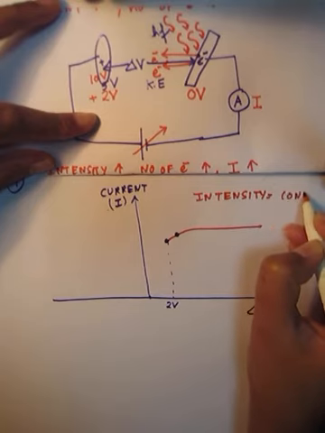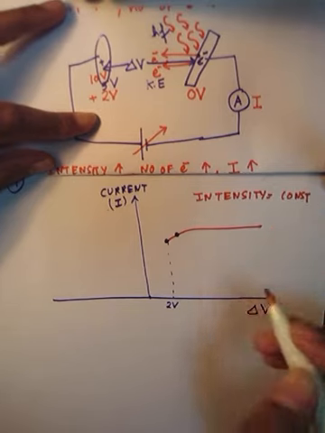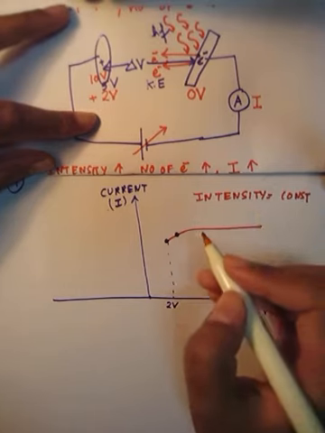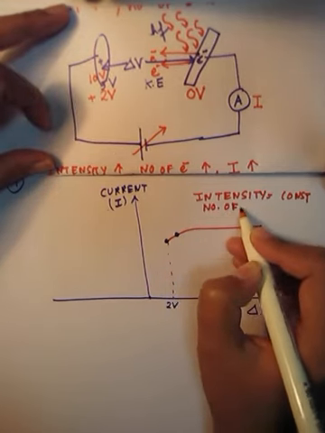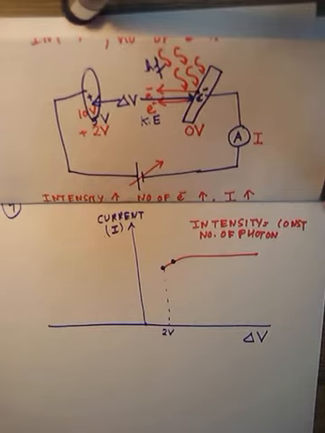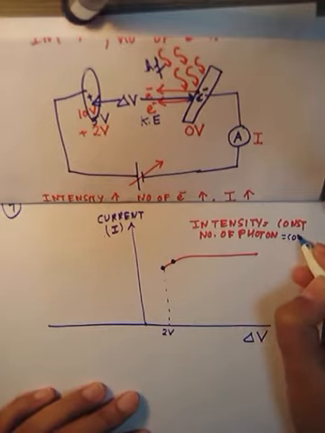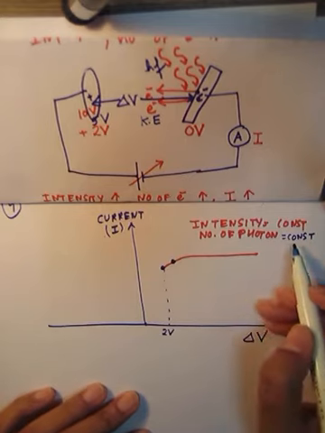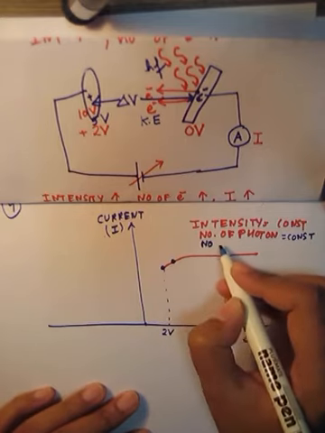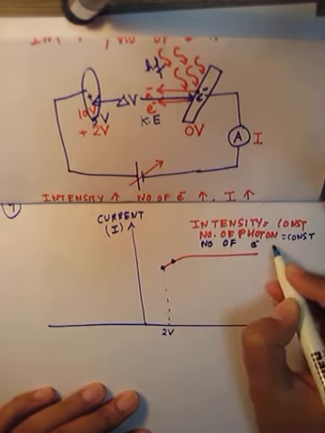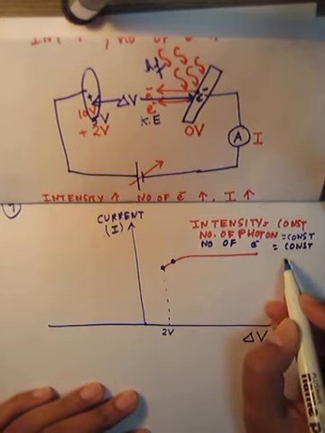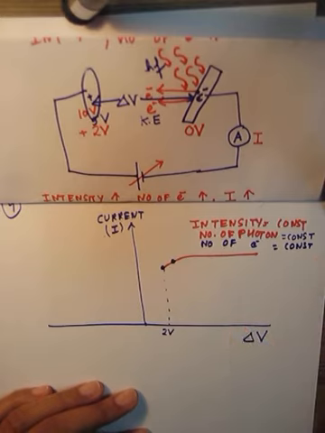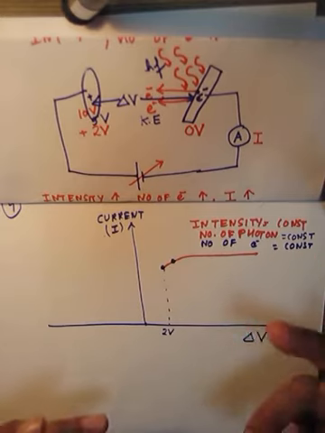For this experiment we are keeping intensity constant. So intensity constant means that the number of photons will be constant. So if the number of photons is constant, it means that the number of electrons will be constant. So that is why we get this constant current at a higher voltage, because the electrons cannot be more than that. Okay.